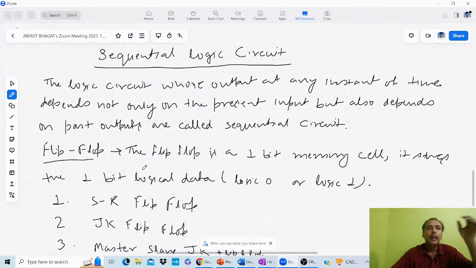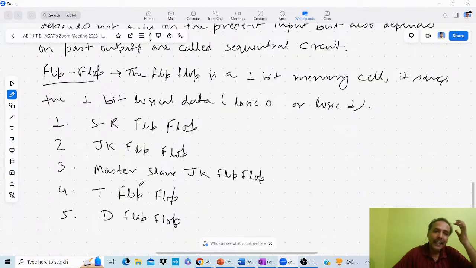So we discussed the sequential circuit. We already know that examples of combinational circuits are adder and subtractor. The examples of sequential logic circuits are flip-flops and latches.